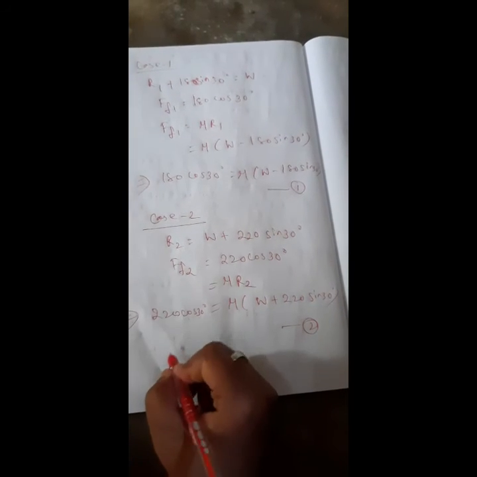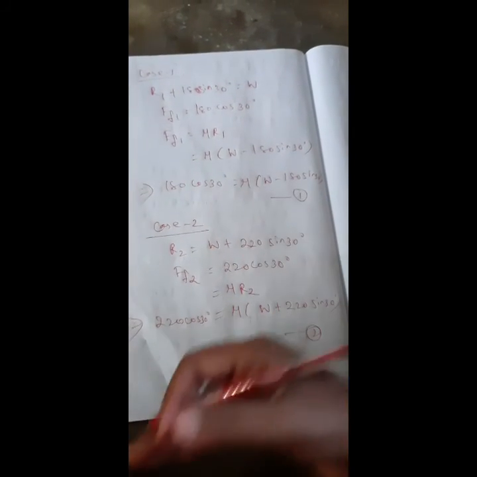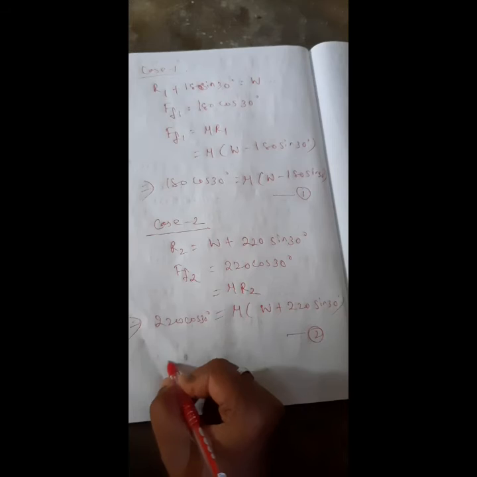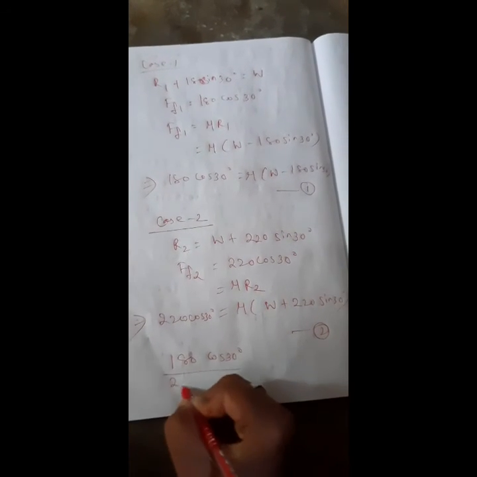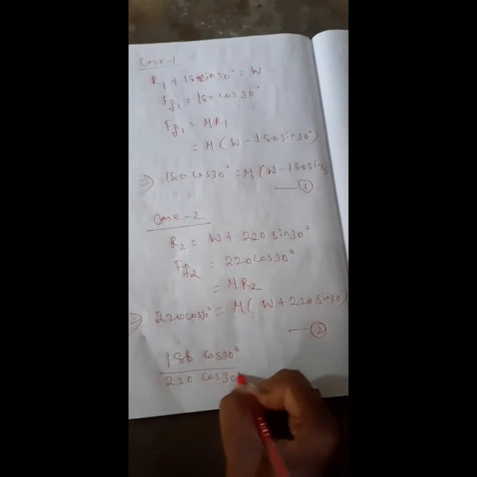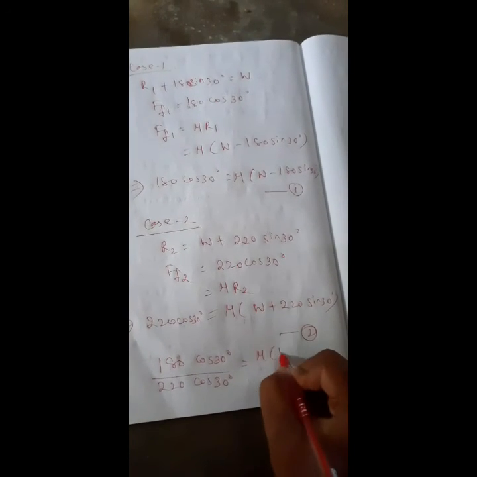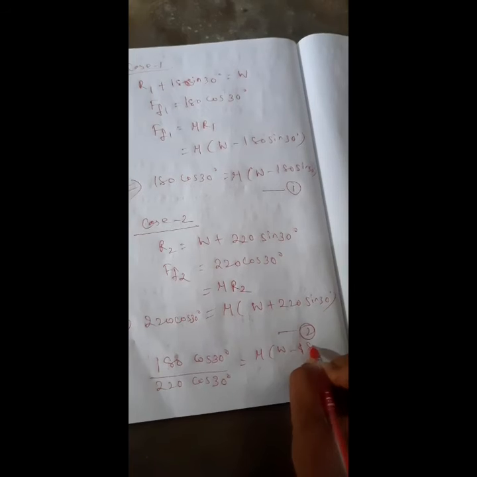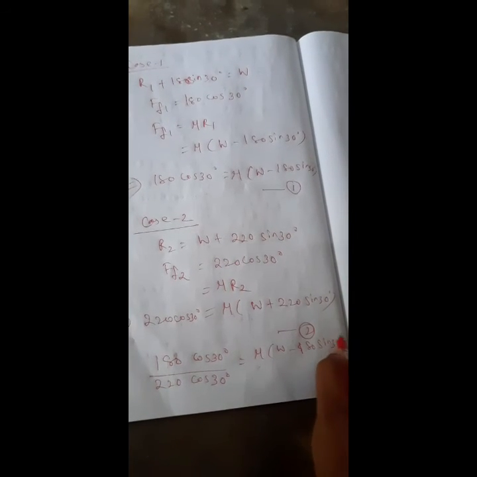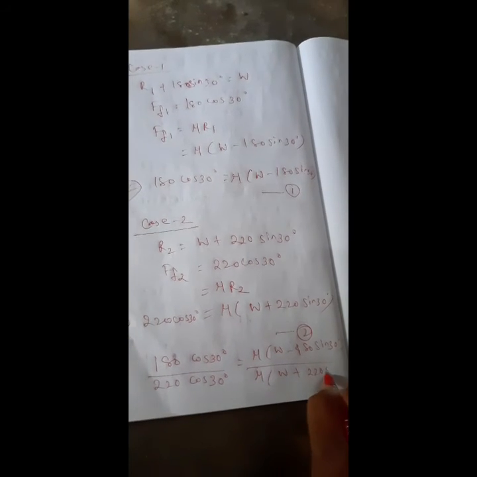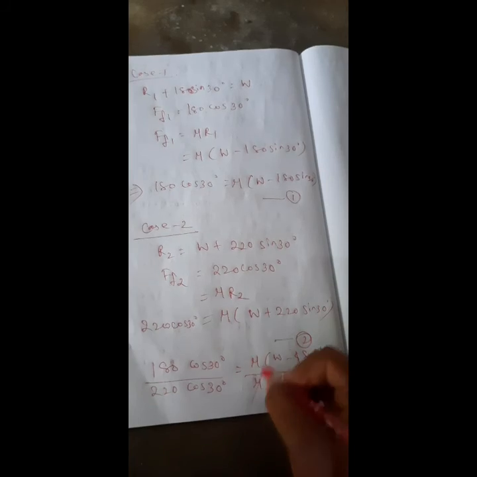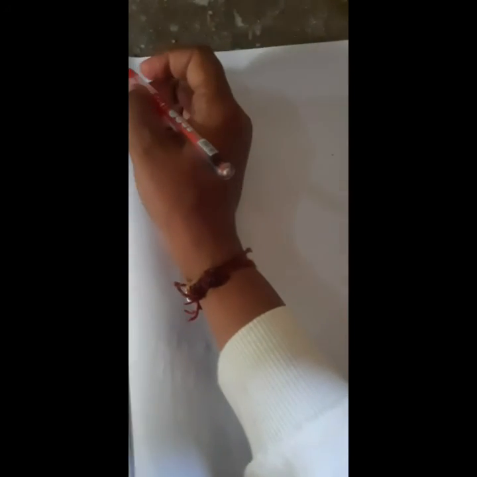Let's solve this. We'll divide equation 1 by equation 2. So 180 cos 30 divided by 220 cos 30 equals mu into (W minus 180 sin 30) divided by mu into (W plus 220 sin 30). Mu is the same, so mu gets cancelled, and 180 cos 30 and 220 cos 30 also cancel.